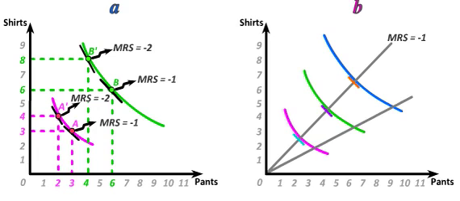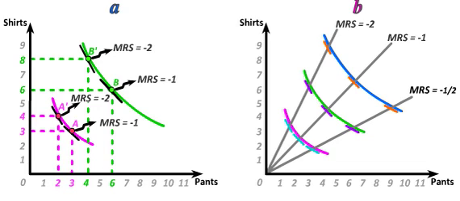The same would hold for any other set of bundles for which the marginal rate of substitution is the same. For instance, the set of bundles for which the marginal rate of substitution is equal to -1/2 would lie along a ray from the origin that is shallower than where the marginal rate of substitution is equal to -1, and the set of bundles for which the marginal rate of substitution is equal to -2 would lie along a ray from the origin that is steeper than where the marginal rate of substitution is equal to -1.